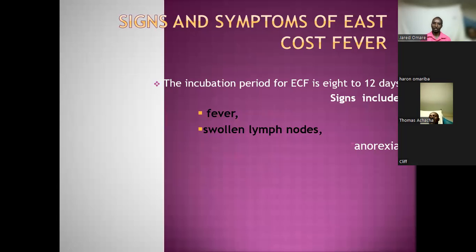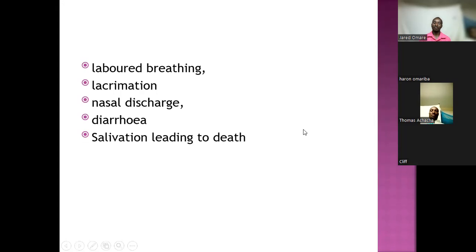First, signs and symptoms. One is fever. Two is swollen lymph nodes. Three is anorexia. Four, labored breathing.